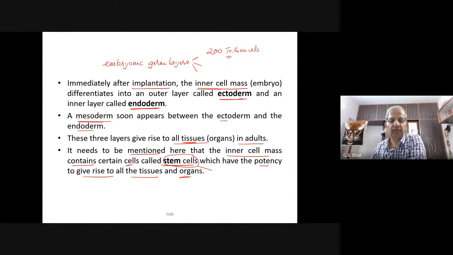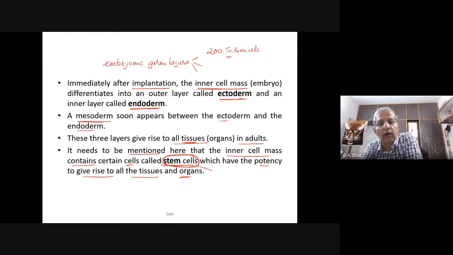That is why nowadays in advanced countries, whenever a woman is admitted for delivery, stem cells from the embryo are taken out, preserved, and kept in the hospital where the baby is born.